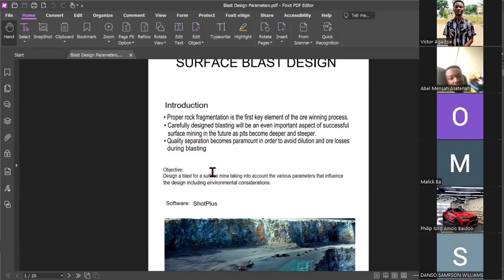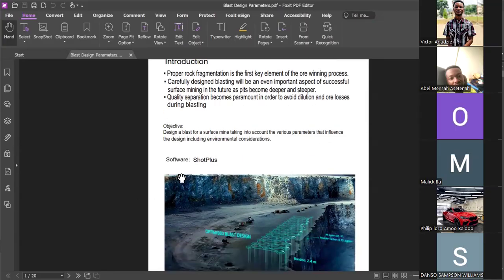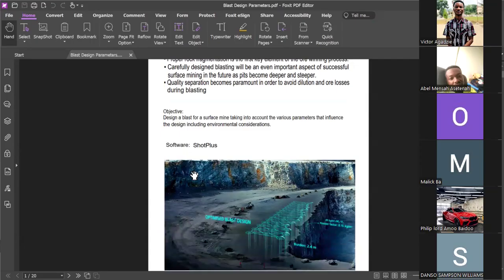Quality separation becomes paramount in order to avoid dilution and ore losses during the blasting operation. So if you have ore in the pit, the way you blast that particular formation can influence the recovery of the ore.